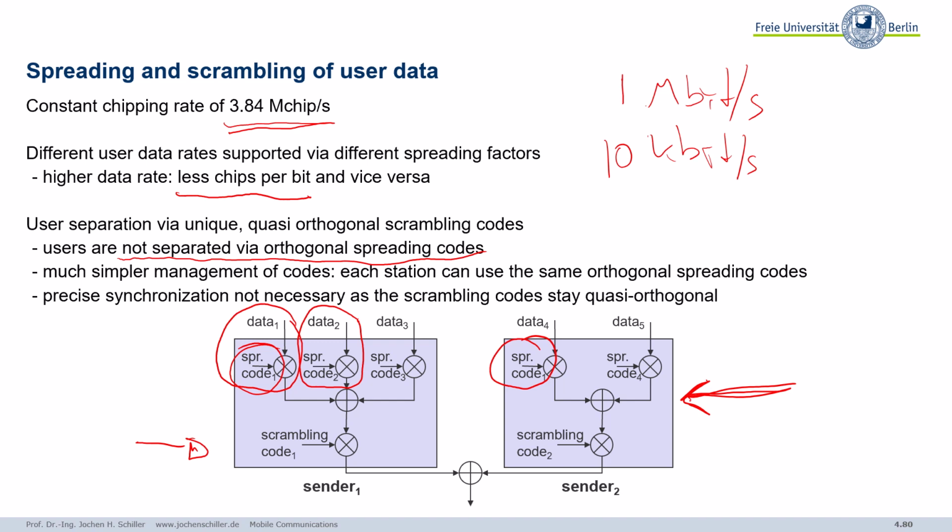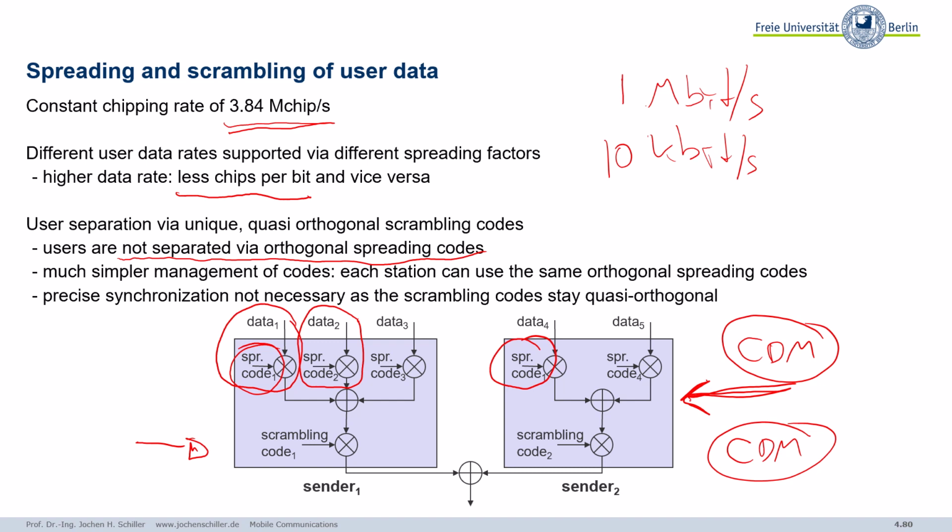The scrambling codes stay more or less orthogonal, no matter how you apply them. So these are special codes without going into further details. So this is exactly where you apply the CDM, the multiplexing inside the station to perform the multiplexing between different data streams. And then again a code multiplexing to separate the different senders. That's the idea.